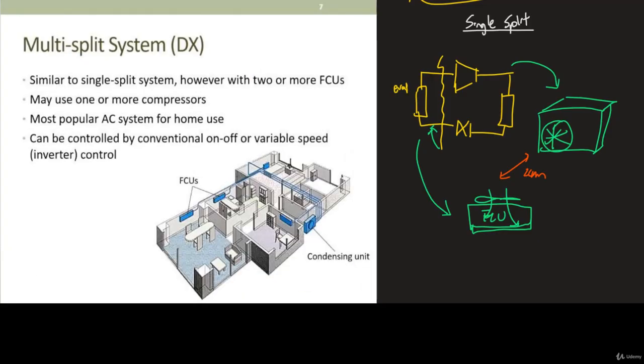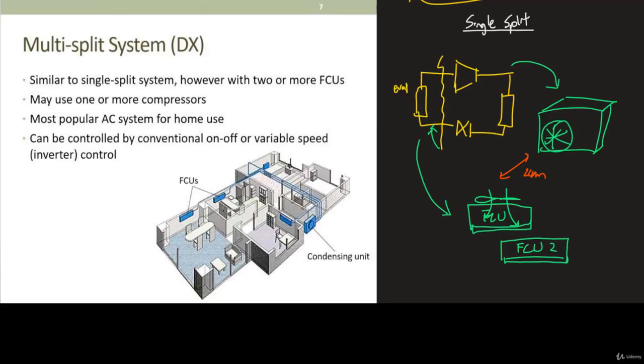And the last one that you have, which is a DX system, is the multi-split system. So single split and multi-split, what is the main difference? Of course, multi-split refers to when you have multiple FCUs.